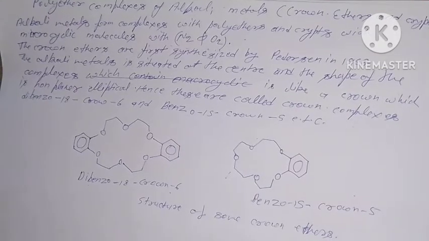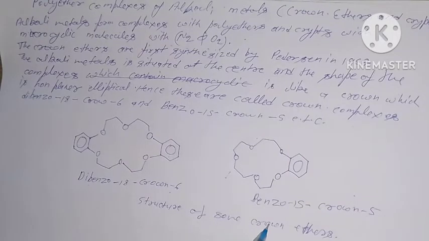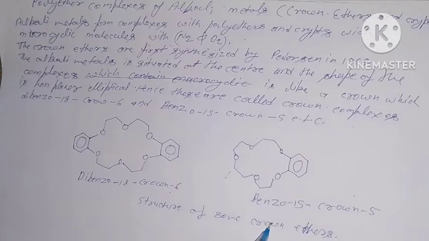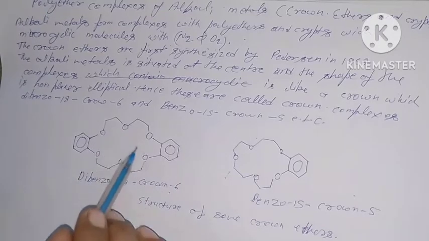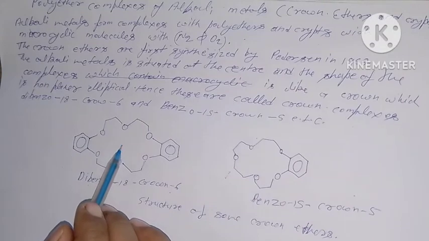In the name of crown complexes, the figure 18 or 15 written before the word crown represents the number of atoms in the heterocyclic ring, and the figures written after the word crown, 6 or 5, represent the number of ethereal oxygen atoms in the molecule.